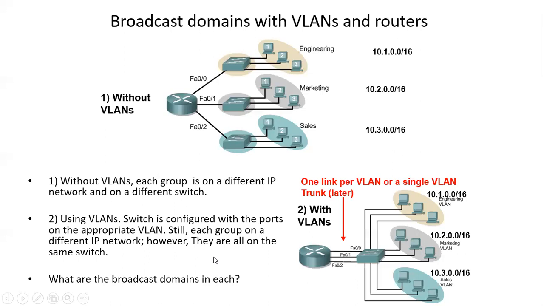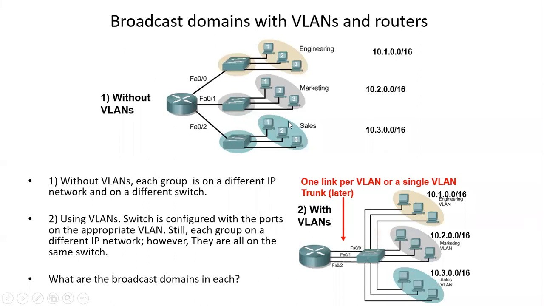Now with the VLAN, what is the advantage? You can group all these hosts into one network, which is logically grouped into separate LANs, and still they have different IP addresses, but they're all connected to one switch. This in turn is connected to a router, which acts as a connector to the outside world.